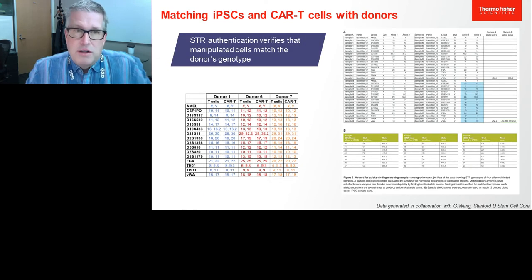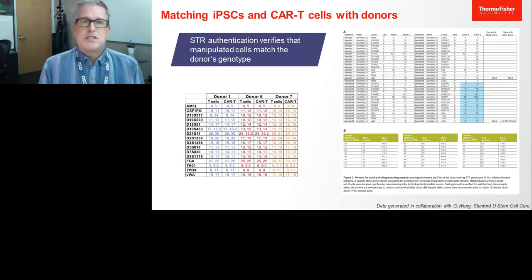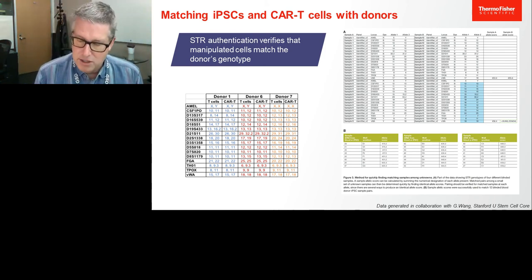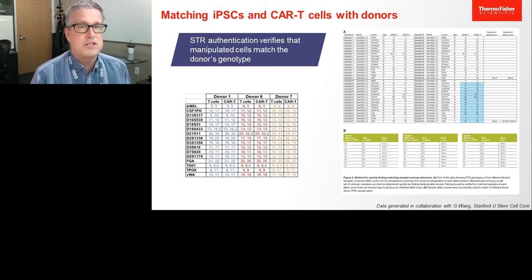So as I mentioned at the start of the talk, matching induced pluripotent cells with CAR T cells is very important. It's critical to be able to know that the cells that you have treated outside of the individual are matched to the donors. And so in this case here, we took some CAR T cells from some donors.